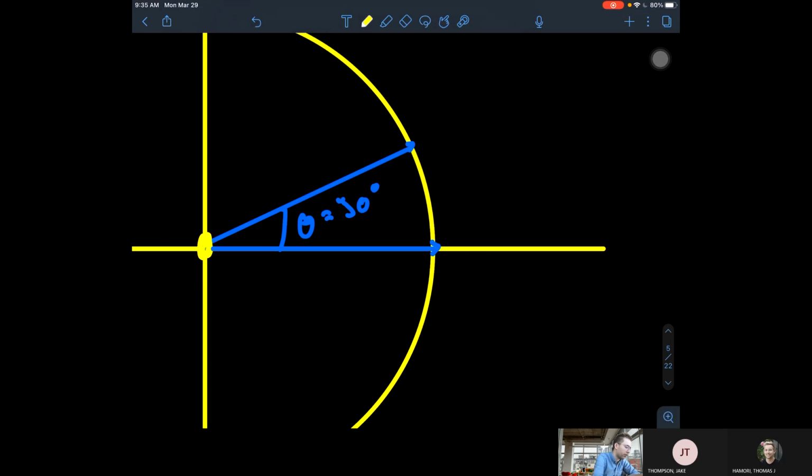And the crux of all of trigonometry is that no matter what angle you choose, there will be a point somewhere on the unit circle such that the angle which you gave me points directly at that point on the unit circle. Okay?